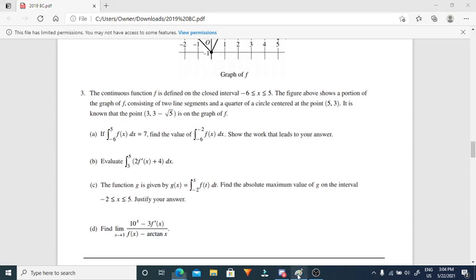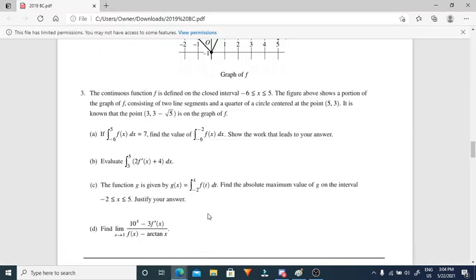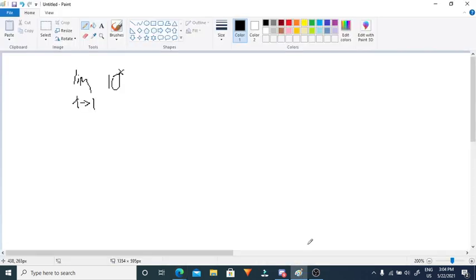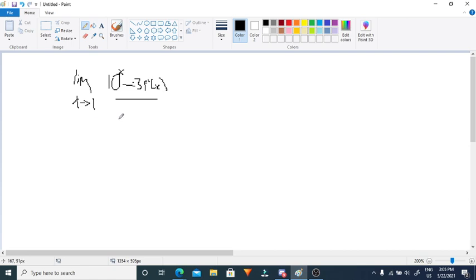Let's write this out. Limit as x approaches 1 of 10 to the x minus 3 f prime of x over f of x minus arctan x.